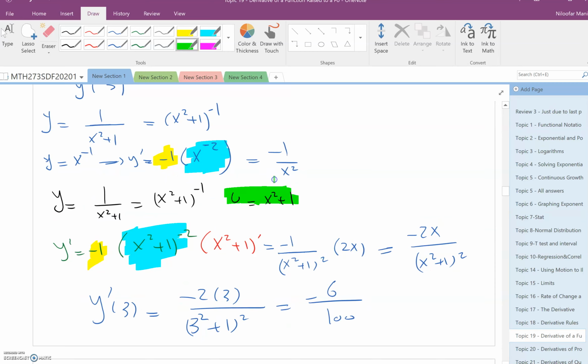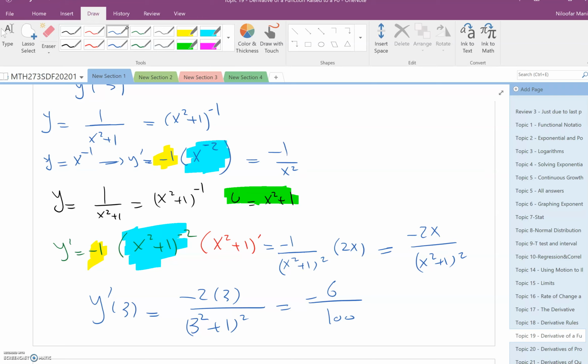So I do exactly the same as for x to the power minus 1 for the derivative. Then I substitute x squared plus 1 and then I multiply with the derivative of x squared plus 1. So you can see this here, right?